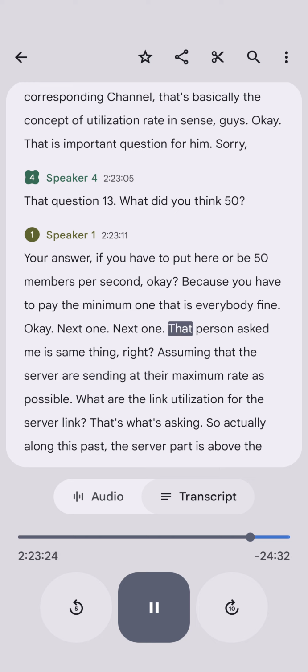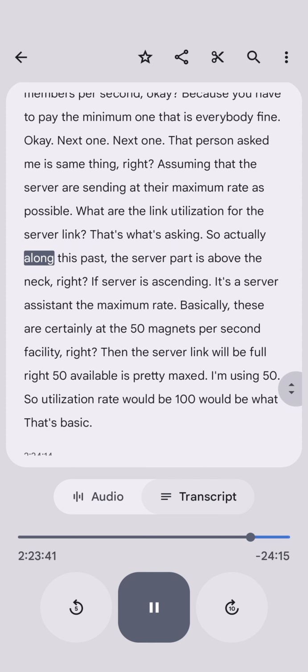Okay, next one. The next question is asking the same thing, right? Assuming that the server is sending at its maximum rate possible, what is the link utilization for the server link? Make sense? That's what it's asking. So actually, along this path, the server part is the bottleneck, right?